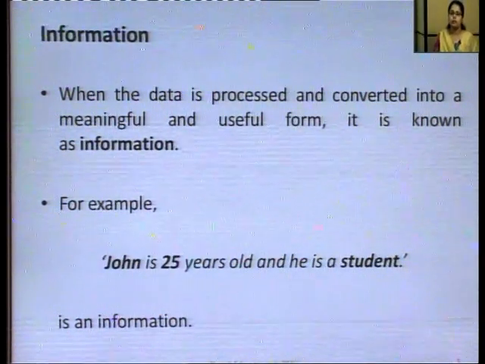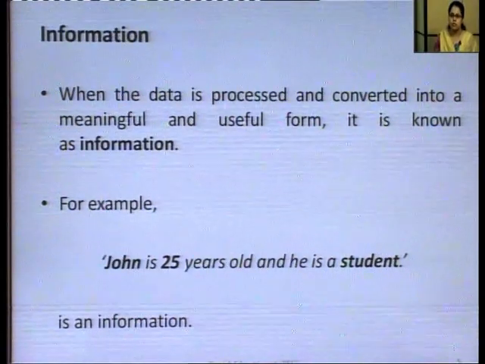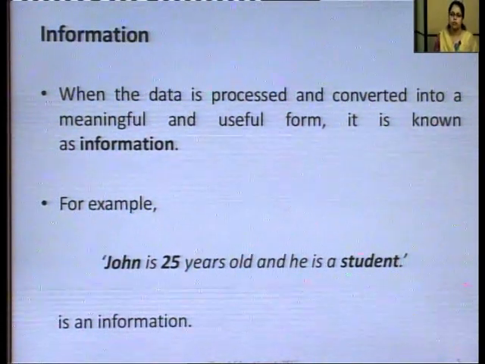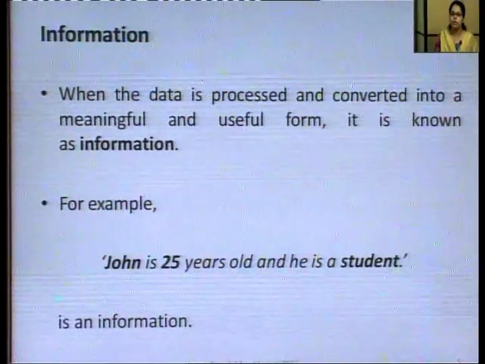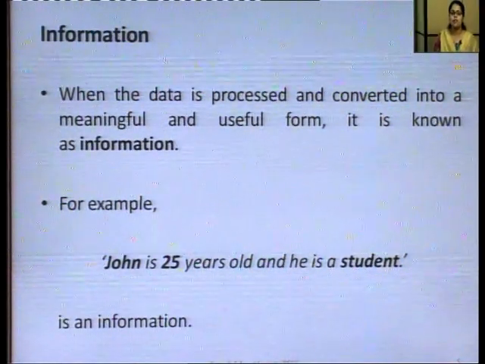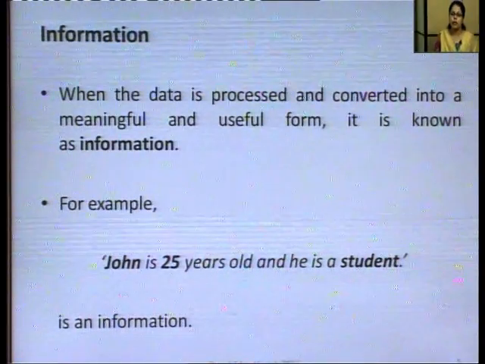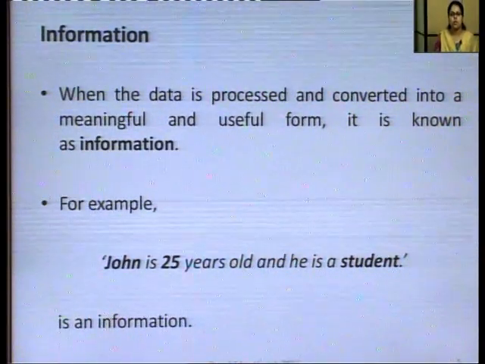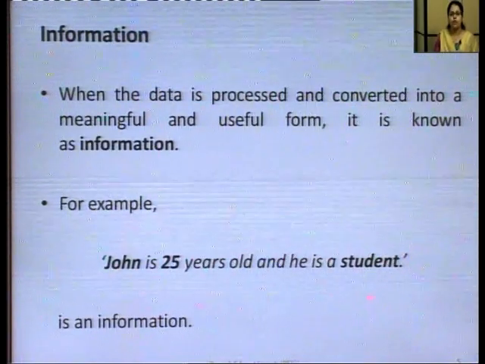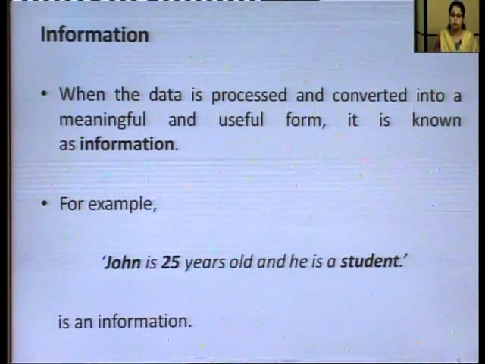Now if these facts are combined into a sentence, then they give us information, that is John is 25 years old and he is a student. So this is information. The facts which we were given were raw facts, so they were data, and when these facts are processed, they are converted into a meaningful or useful form and give us information.